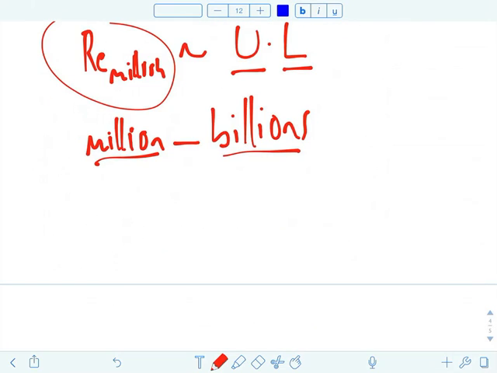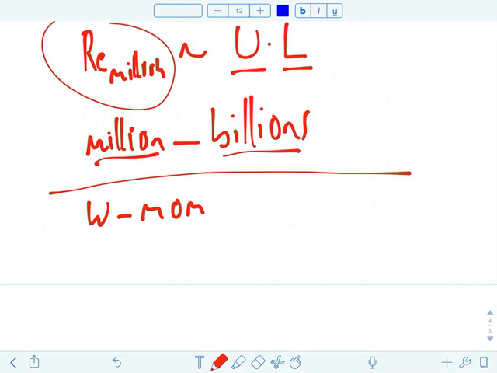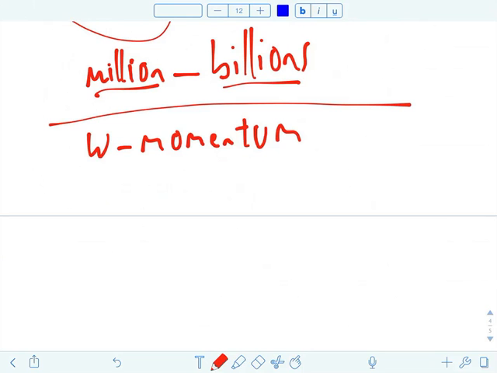I won't go through the analysis, but we can do the same with the W momentum equation. If we go through the same process, we will see there is one additional standout term in that equation, which is the Froude number. Let me just write it as it would appear.